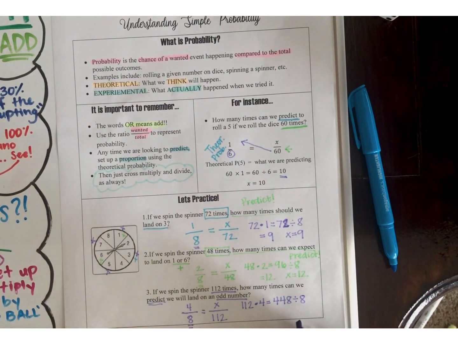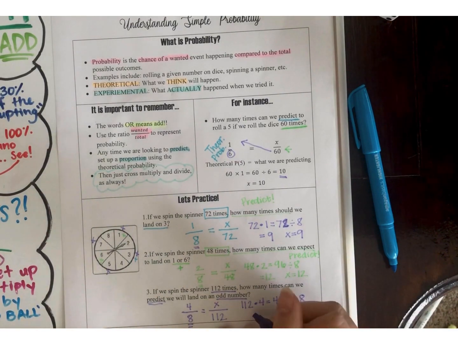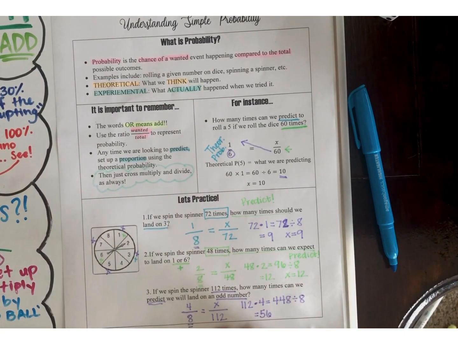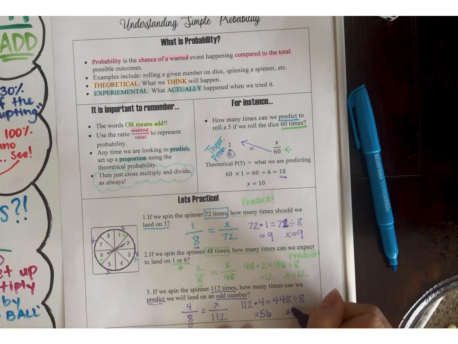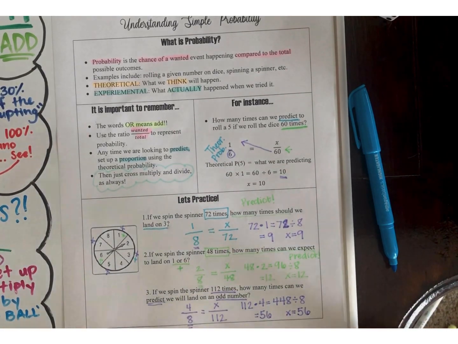And 448 divided by 8 should give us 56. So x equals 56. In terms of our problem, this is telling us if we spin our spinner 112 times, we should expect to land on an odd number 56 times.